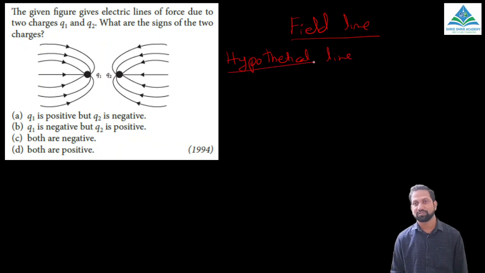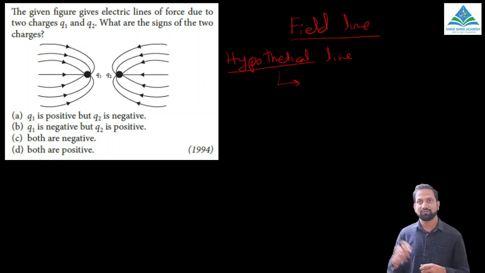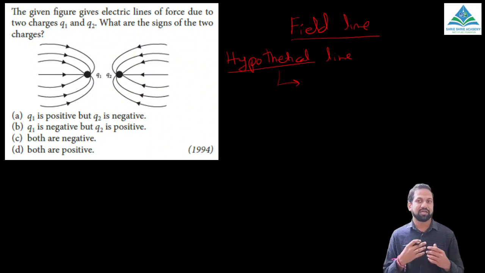What is hypothetical? Hypothetical is something which we are imagining. It is not really existing. To explain the properties of the field, we have to assume these lines. That is how the scientists have done, and we have to follow them. So it is a hypothetical line.